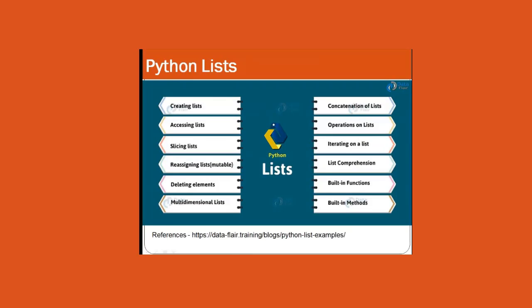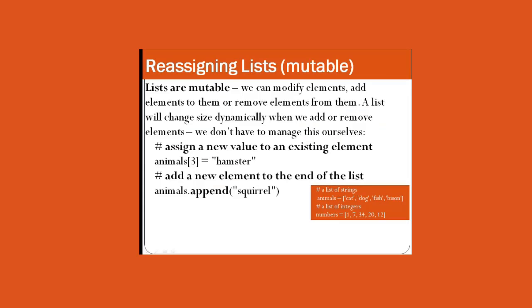Then we have seen creating a list, accessing the elements, and slicing of the list. Now, as a list is mutable, we can change its values. So how do we reassign the values in the list? Lists are mutable. This is the big feature of the list.